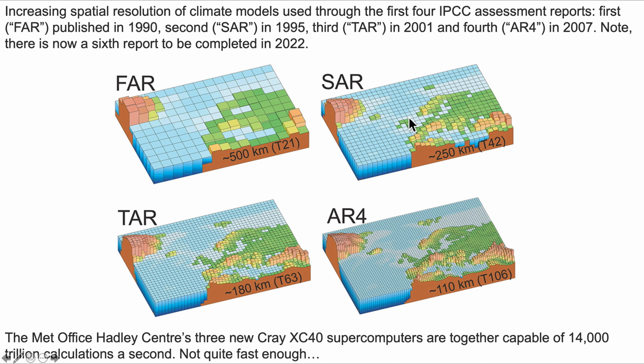By 1995, Iceland existed as two boxes. Svalbard appears as two boxes. And the Mediterranean Sea starts to look more Mediterranean. By 2001, we increase the number of boxes considerably, and Europe begins to really look like Europe. Greenland looks like Greenland. Iceland's looking more Icelandic. Svalbard is looking more Svalbardic.